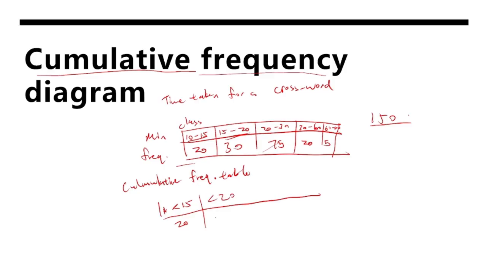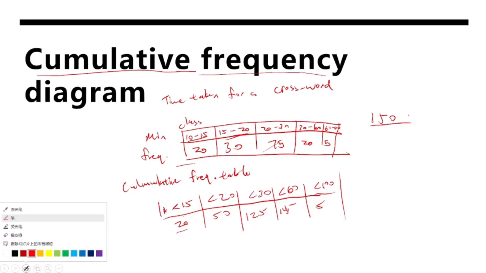Smaller than 20, we'll have 50 people, because these 20 people have times smaller than 15, but they're also smaller than 20. So the frequency cumulates. Smaller than 30, we'll have 125 people. Smaller than 60, adds on 20, 145. Smaller than 100, we'll have 150.